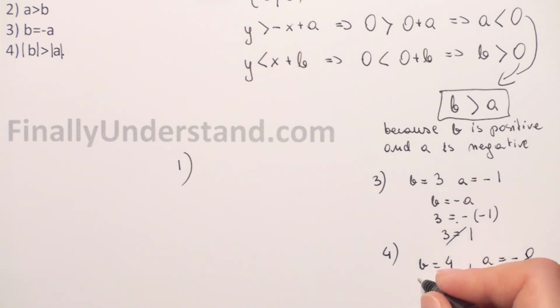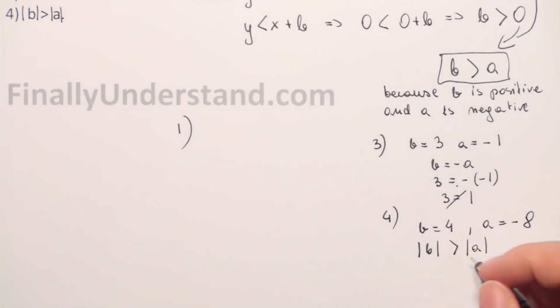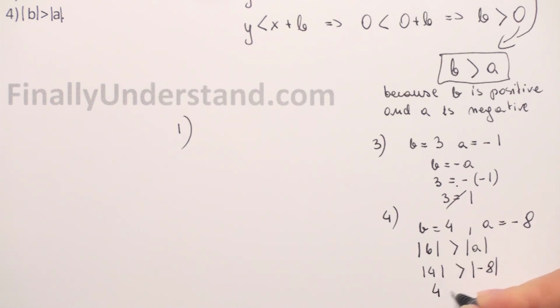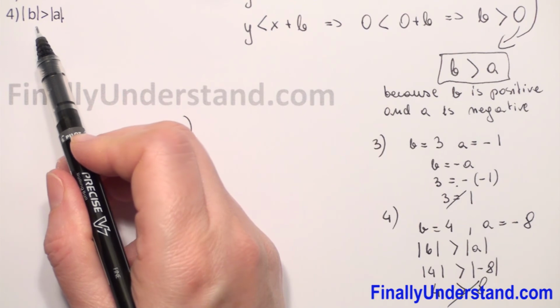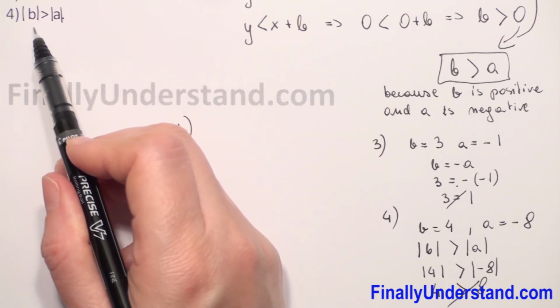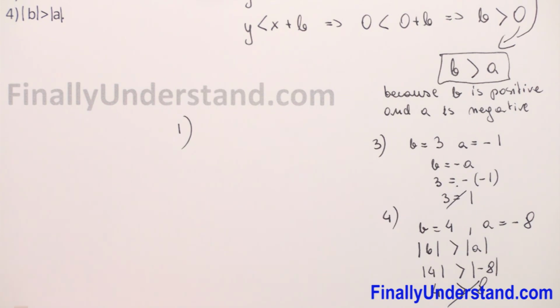So what we will have, the absolute value of b is greater than the absolute value of a. Let's substitute 4 for b and negative 8 for a, so we will have absolute value of 4 is greater than absolute value of negative 8. Absolute value of 4 is 4, and absolute value of negative 8 is 8. 4 is greater than 8? It's not true. 8 is greater than 4. So for these two numbers, we see that the fourth relationship is not true.